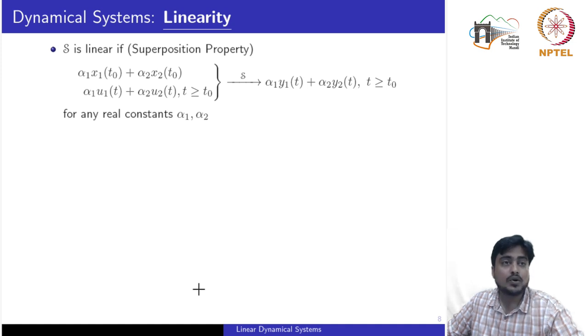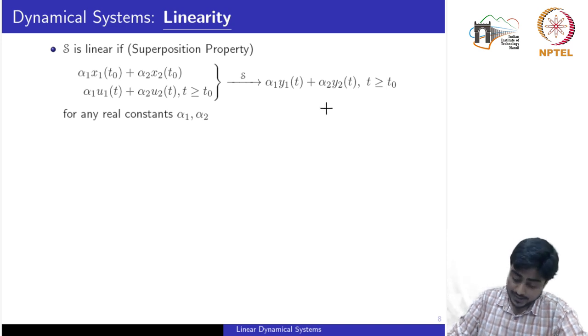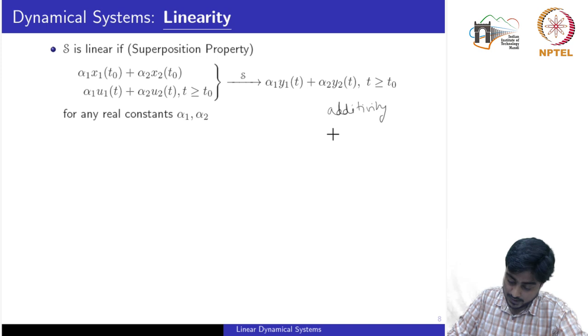Linearity is another important property of dynamical systems. So we say that the system is linear if it satisfies the superposition property. Now this superposition property is basically the combination of two properties: one is additivity and another is homogeneity.